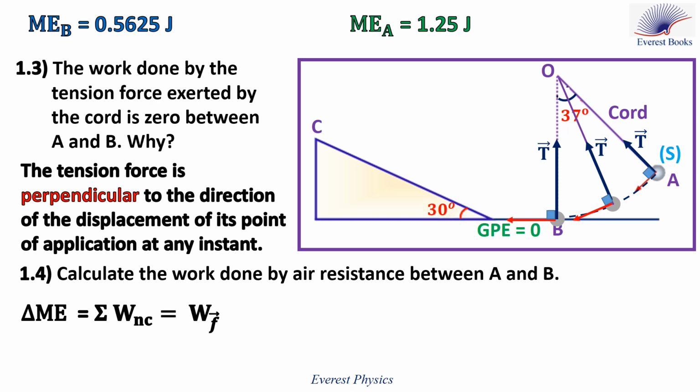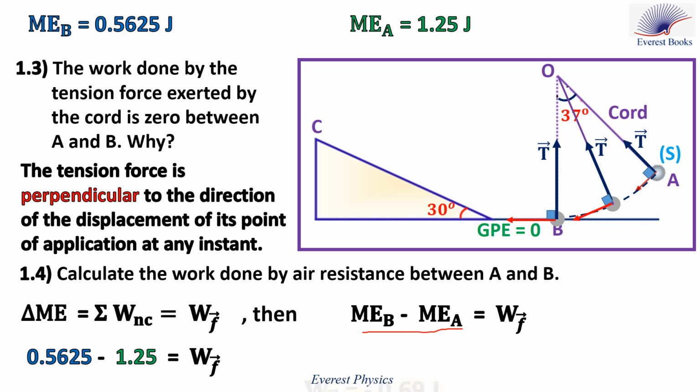Then delta ME equals the work done by the friction force. Delta ME equals MEB minus MEA. Plugging in the numbers gives the value of the work done by the friction force, which is minus 0.69 joules.